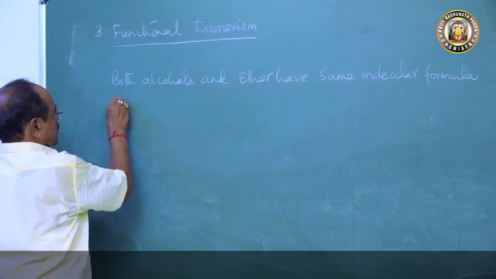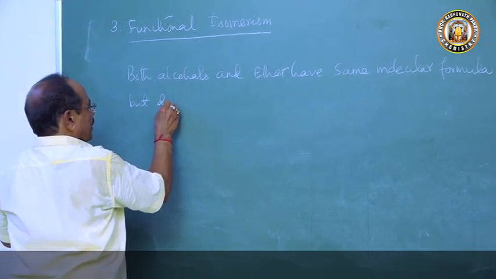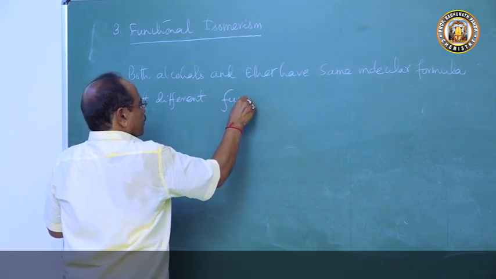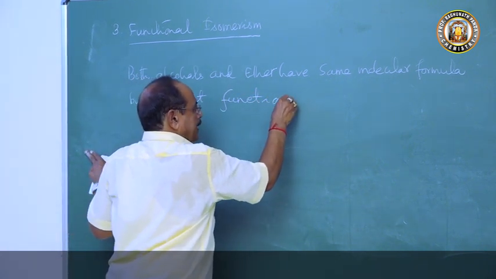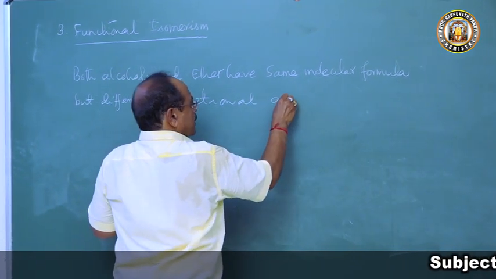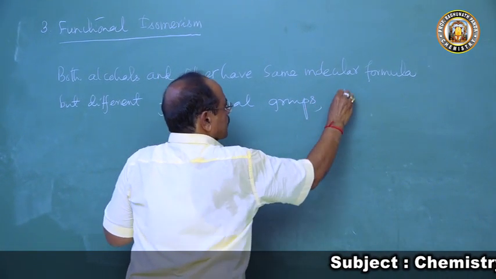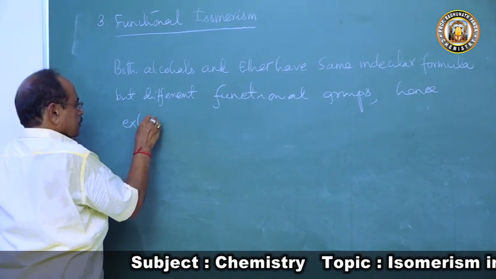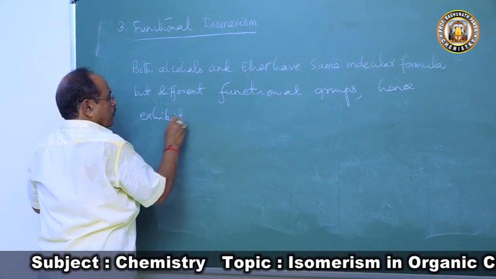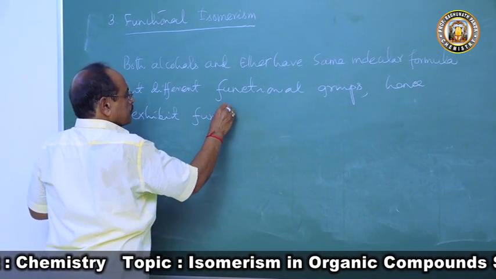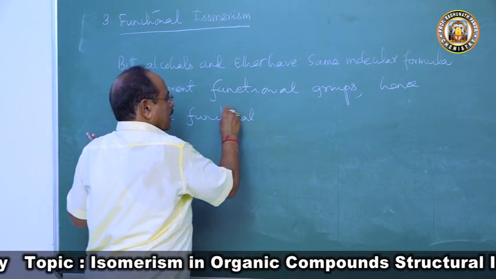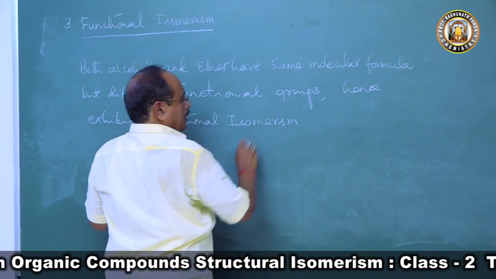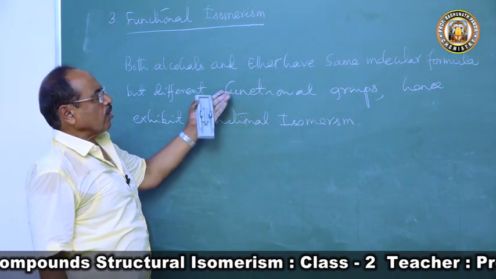Both alcohol and ether functional groups, hence exhibit functional isomerism. We can say that an alcohol is a functional isomer of ether.